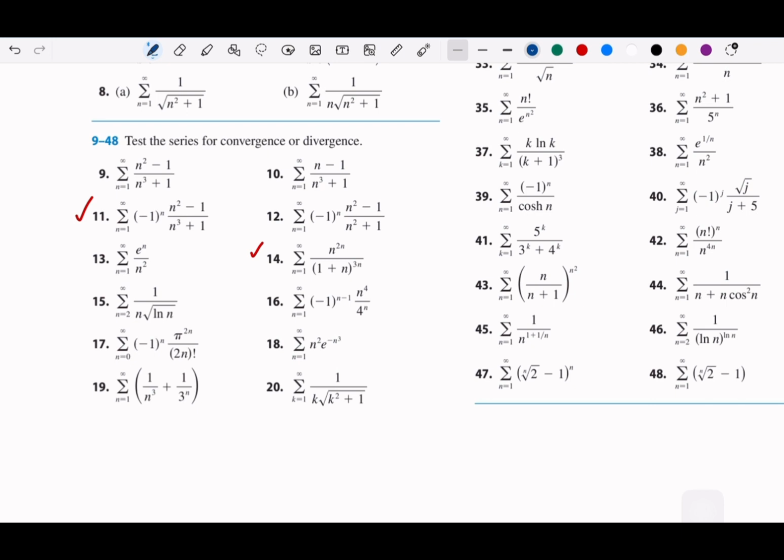You can see that this is n squared, this is n cubed, greater in here, right? So it will be 0. Logically makes sense, right? Or if not, divide all by the n cubed. This will be 1 over n, 1 over n cubed. This is 1, and then this is another one, and this will be 0, right?